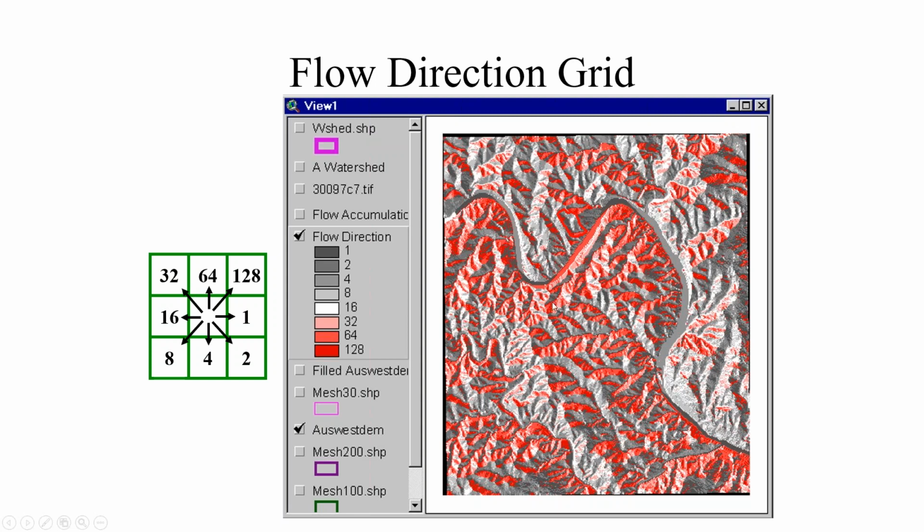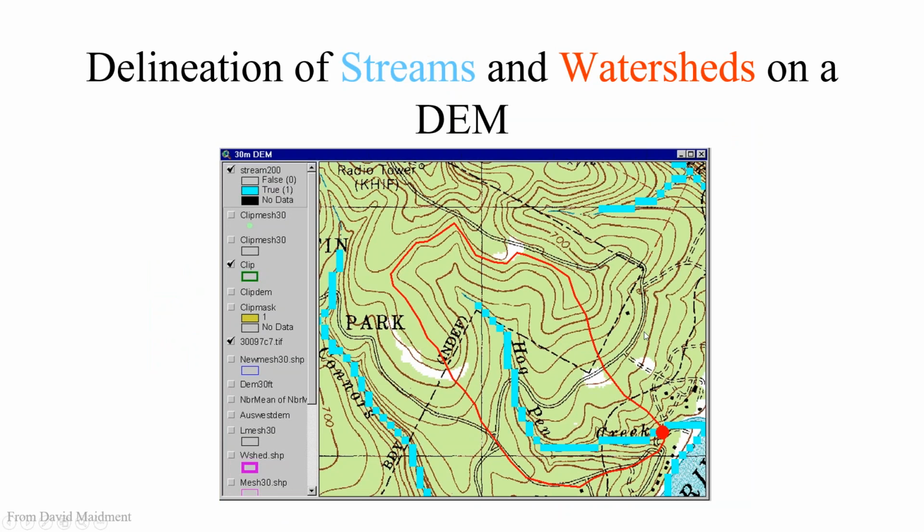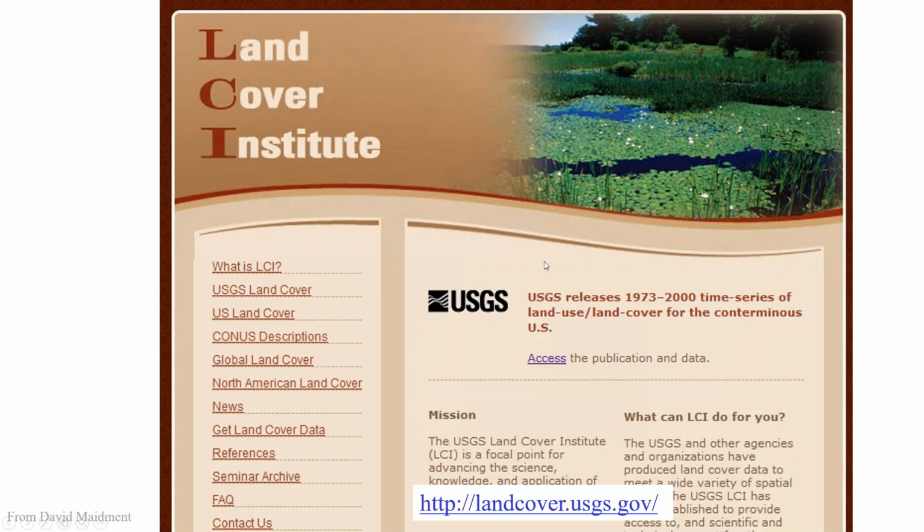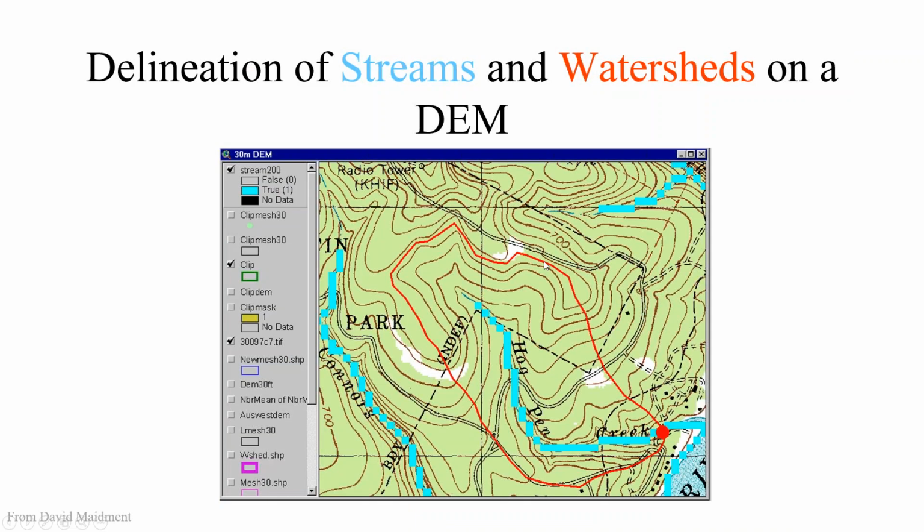With those flow directions defined, you can do things like calculate how many grid cells drain through each grid cell, and perhaps pick a threshold and map streams and identify the watershed. And that's what we did running the software for the Amazon. So delineation of streams and watersheds on a digital elevation model. We'll get into this a whole lot more later on in the course.